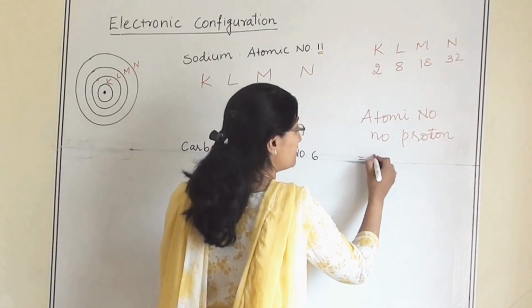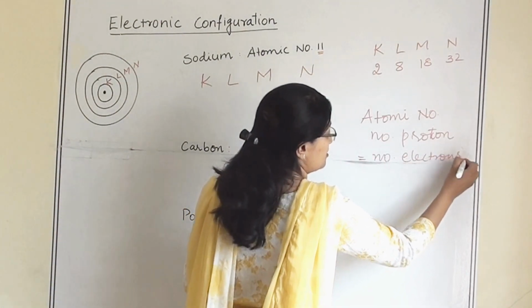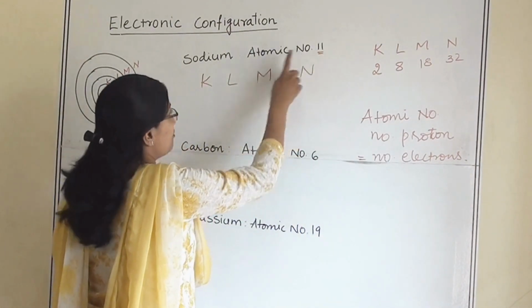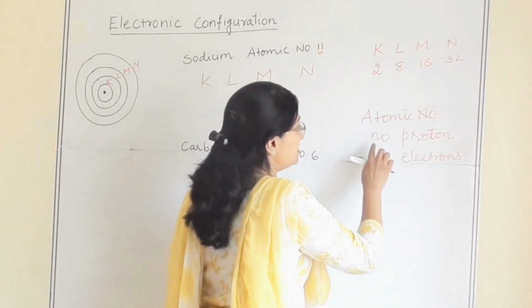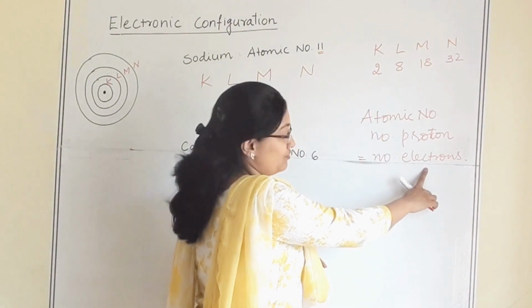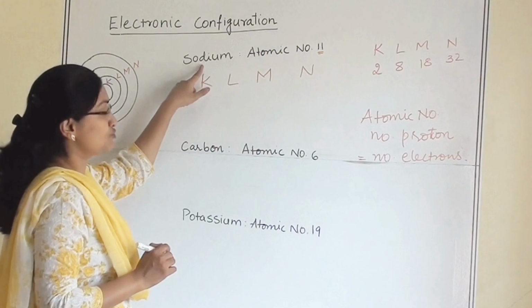Number of protons is equal to number of electrons. So can I say that there are 11 electrons in sodium? Yes, because what is atomic number? Number of protons, and number of protons is equal to number of electrons. So there are 11 electrons in sodium.